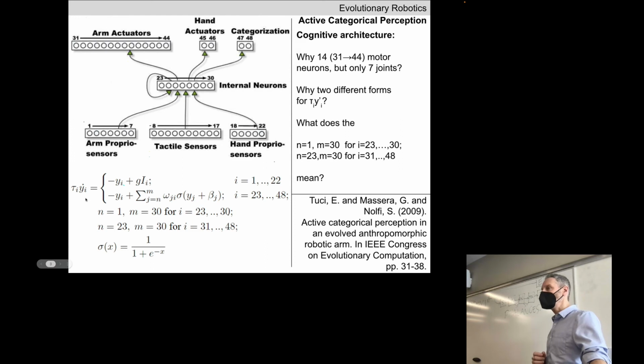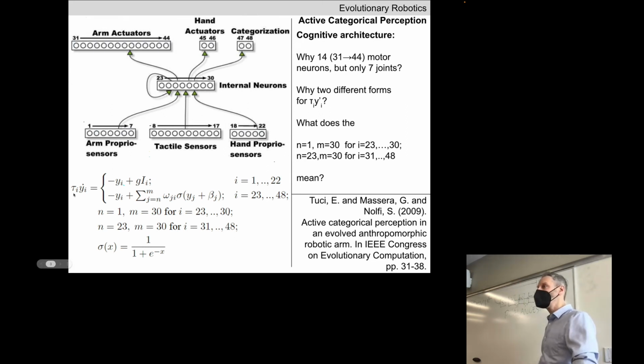Remember that when we're dealing with CTRNNs, they are represented as sets of ordinary differential equations. If we have 48 neurons, that means we have 48 differential equations. Y sub 1 prime, y sub 2 prime, all the way through y sub 48 prime.